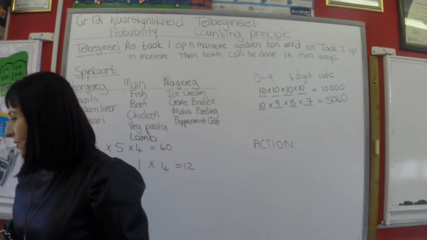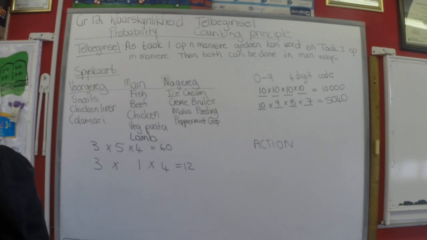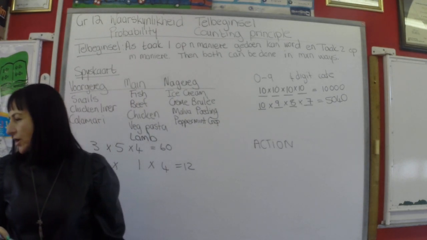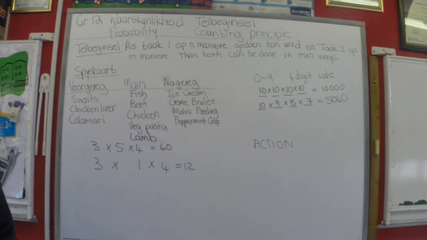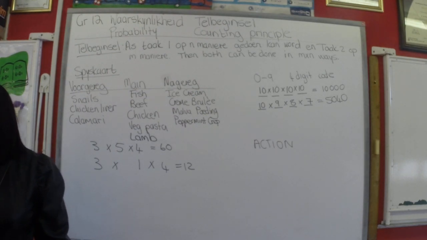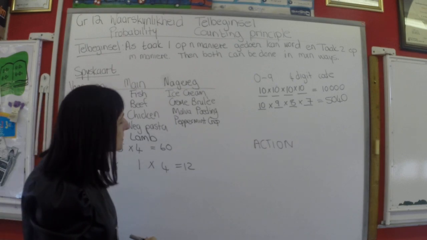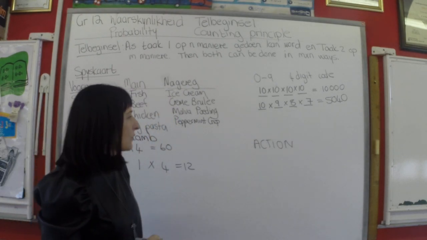So the last one that I want to explain to you is if I've got words like the word action. En juffrou sê vir jou, I've got a 6-letter word, action, and I want to know how many possible words can be built out of that word action if you may not use a letter more than once.